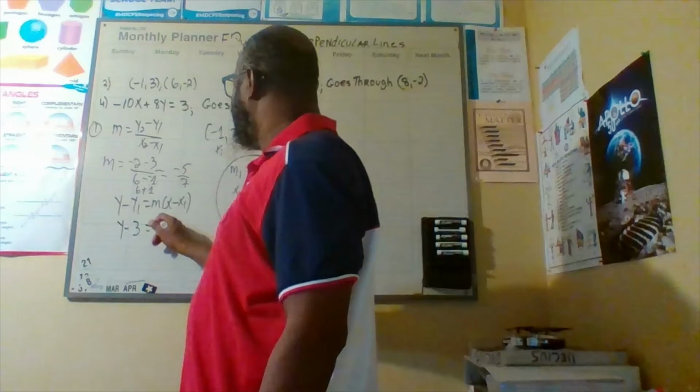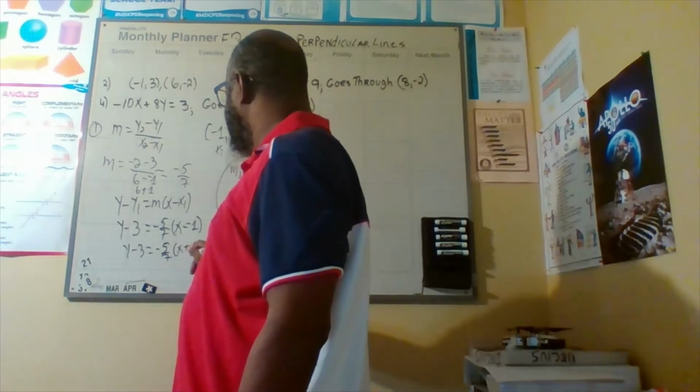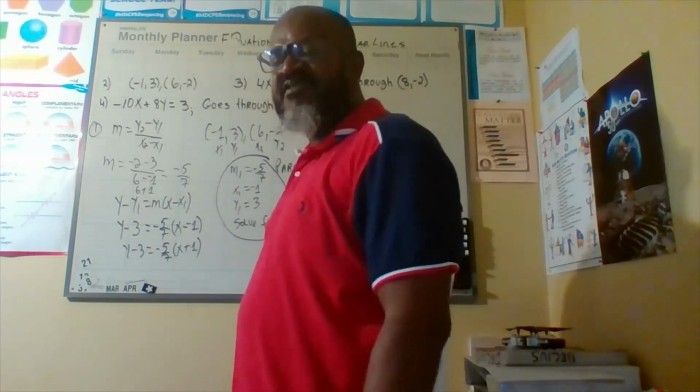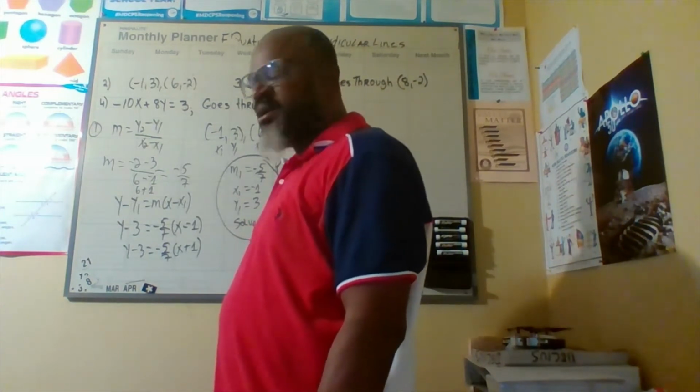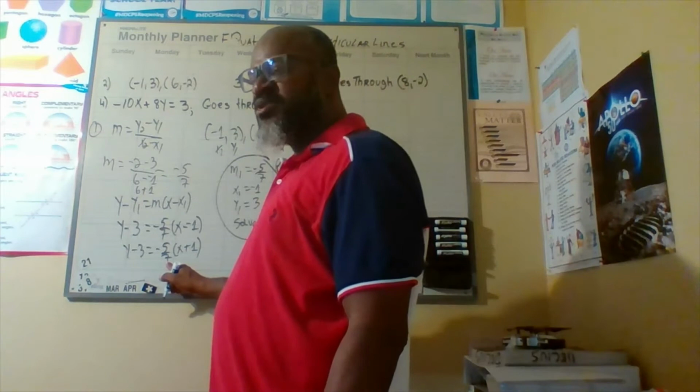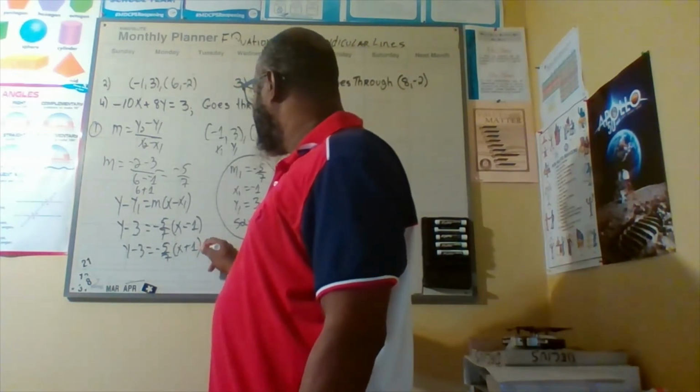Since I have a fraction as my slope, and I'm going to identify my denominator as 7, it will be wise to multiply by 7. Especially if you have problem with fractions. If you don't have problem with fractions, this will be the negative 5/7 times x, that will be negative 5/7 x, and negative 5/7 times 1 is negative 5 over 7.